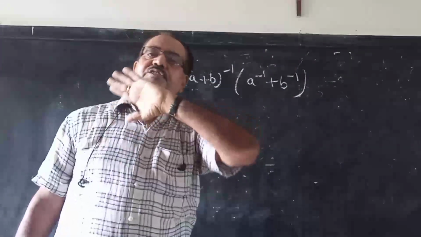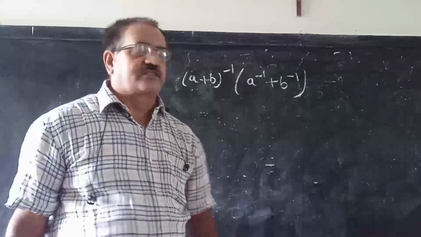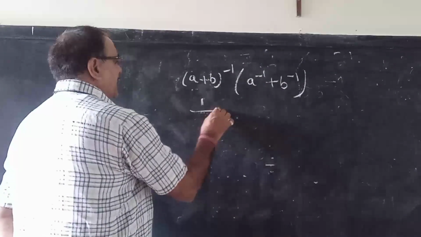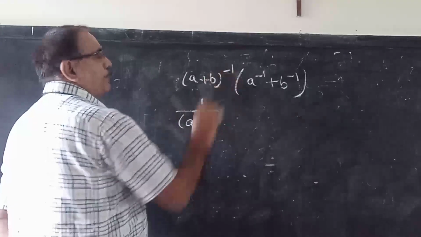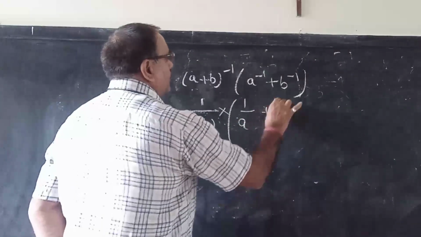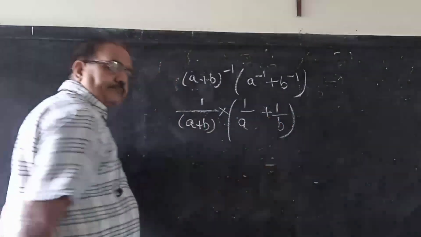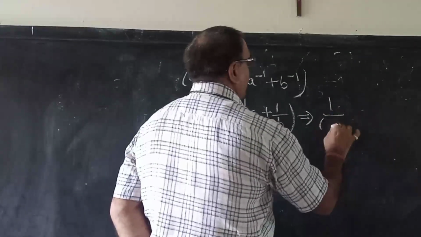So first of all, we will change the negative power into positive by taking the reverse. So we can write a plus b, the power becomes positive, and this one 1 by a plus 1 by b.